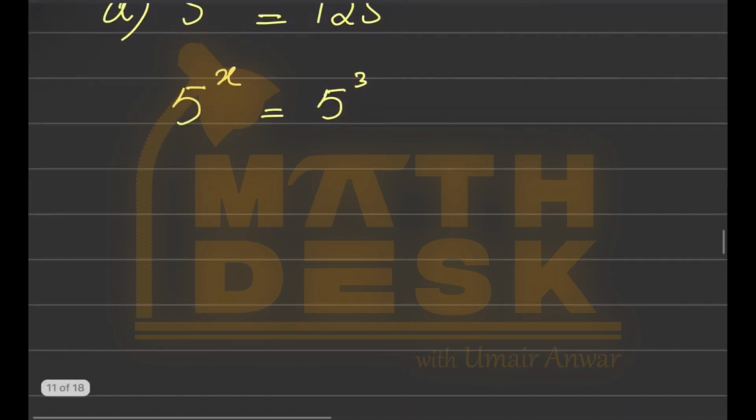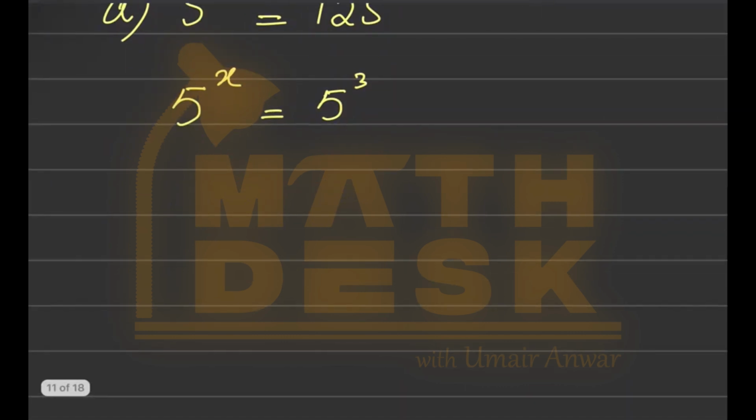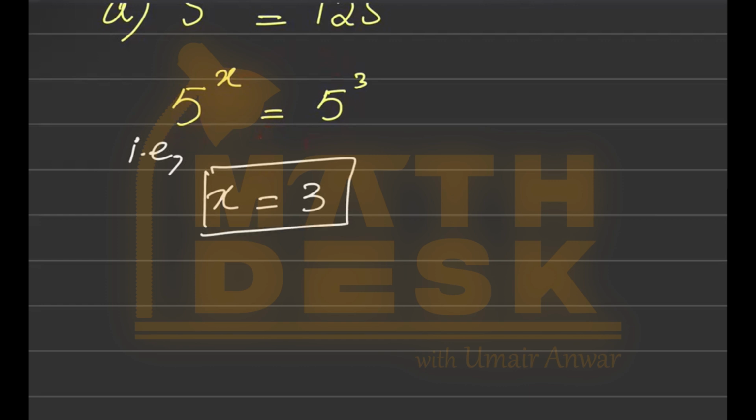Now again, as we have discussed before, when we have same bases and the terms are equal on both sides of an equation, then their indices are also equal. So I would be writing over here, that is, the index of the left hand side should be equal to the index of the right hand side. So x would be equal to 3 over here.